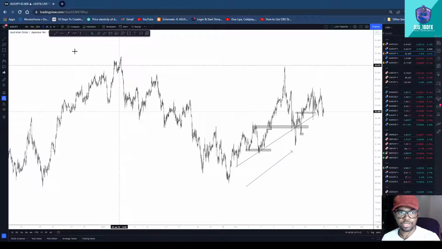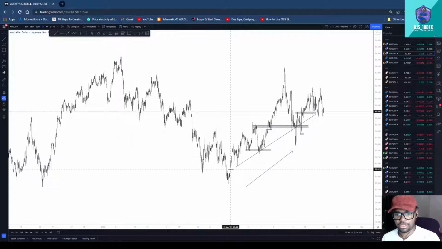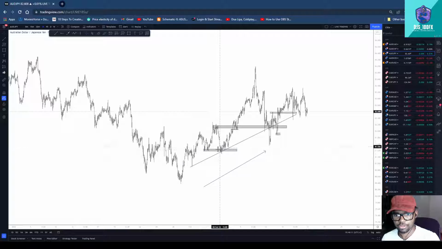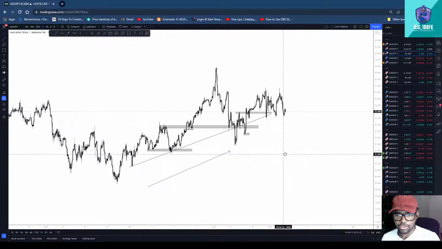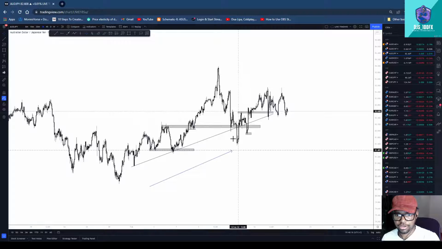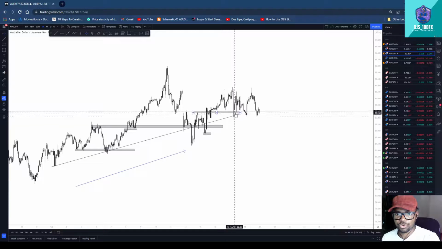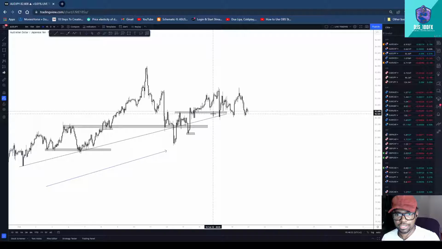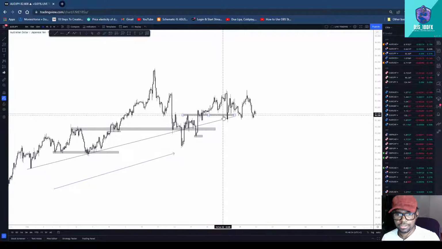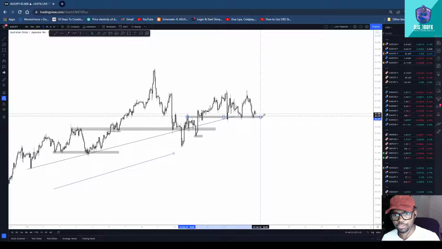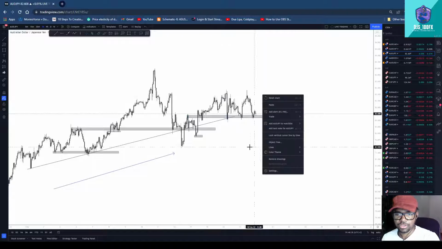In January, price was on a downtrend, and then at the end of January the downtrend broke, and price started creating higher highs and higher lows. So right now price is correcting, but it's correcting at the level of support, which was resistance before. Price broke up and has been retesting this level.